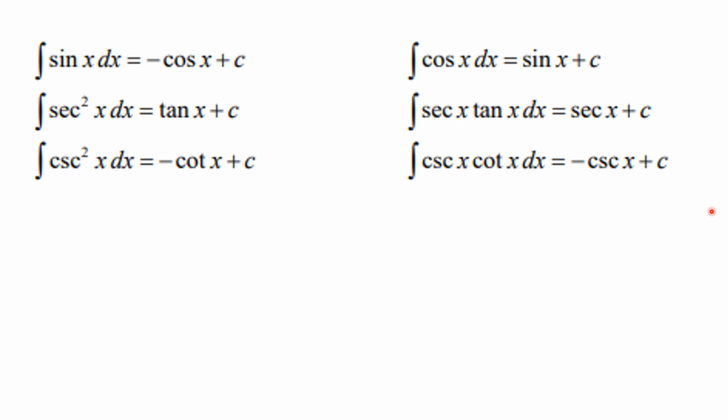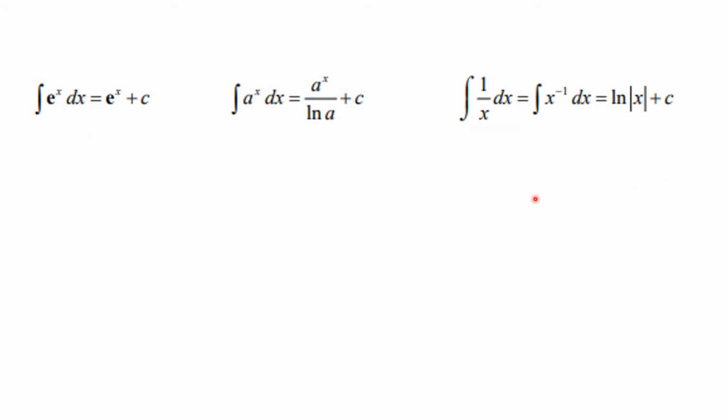And since the derivative of the cosecant of x is equal to minus cosecant of x cotangent of x, that means that the indefinite integral of the cosecant of x cotangent of x dx is equal to minus cosecant of x plus c. We also have some other integrals that we have learned.